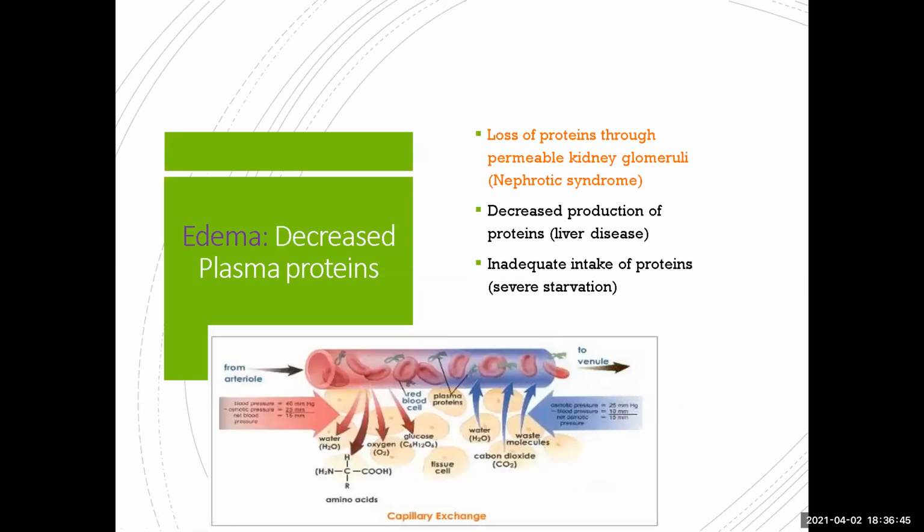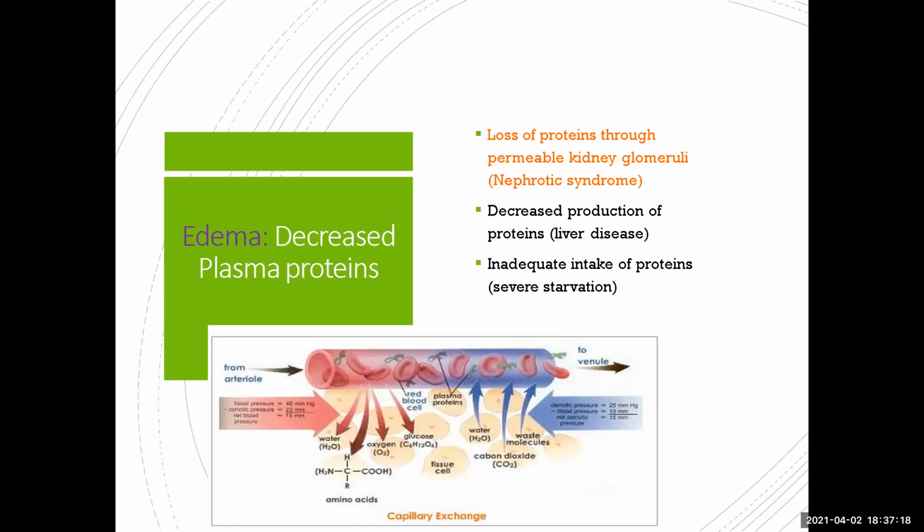Edema can also come from what we just talked about, a decrease in plasma proteins. So the loss of proteins through the kidney, sorry guys, I'm not very good at these pronunciations, glomeruli, or nephrotic syndrome. And you guys did a nice job. We'll maybe look at your comparison charts a little later. Also decreased production of proteins from a liver disease, or inadequate intake of proteins.